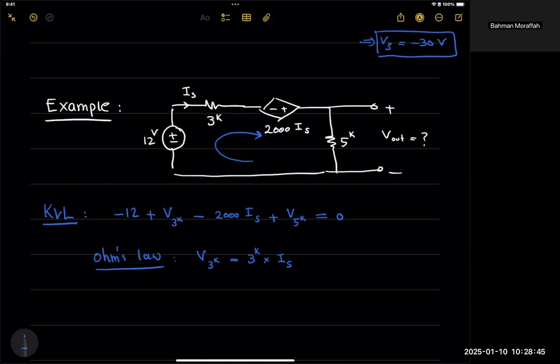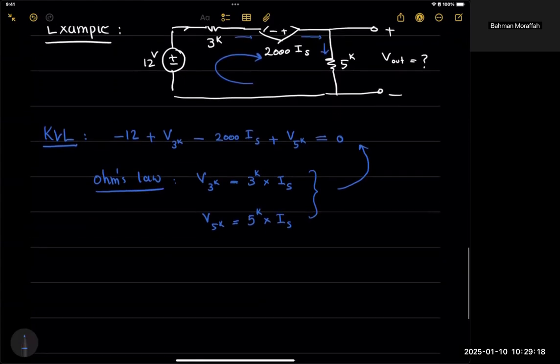We can apply exactly the same thing for this 5K resistance. So V across this 5K is 5K times IS. Remember this IS is going to flow through here, and it's going to be exactly the same when it's flowing through 5K. Now using these two equations, I can plug them back in here. And now I have an equation where everything is in terms of IS.